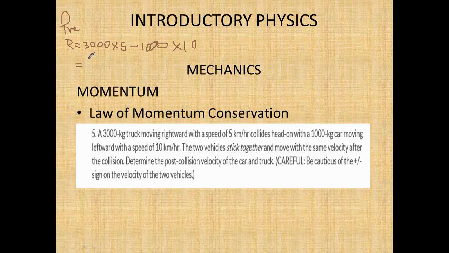So this is 15,000, and you subtract from that 10,000, and you're left with 5,000. Your pre-collision momentum is 5,000.